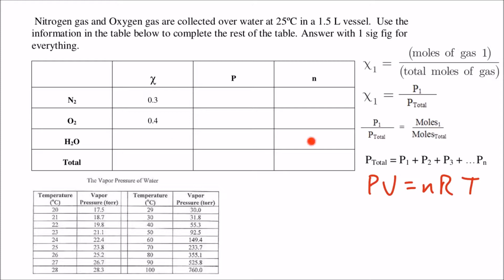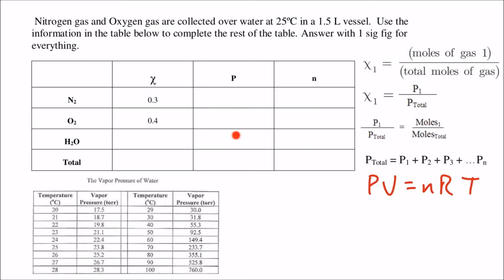Water. I don't know anything about that, or it seems like I don't know anything. I know that all of this is happening at 25 degrees Celsius. So if I look down in my table of vapor pressures of water at 25 degrees Celsius, I see 23.8 torr.